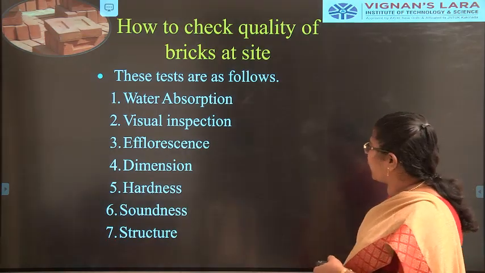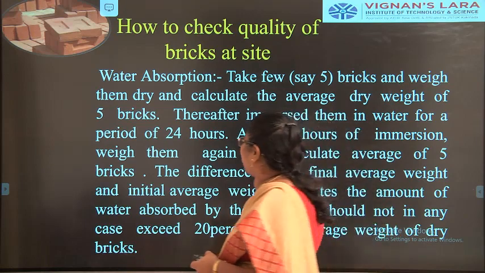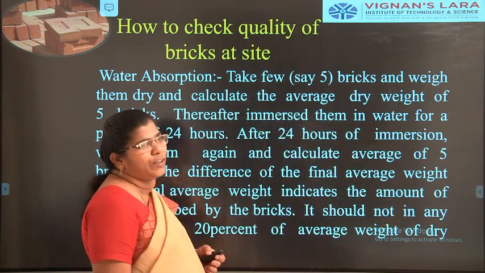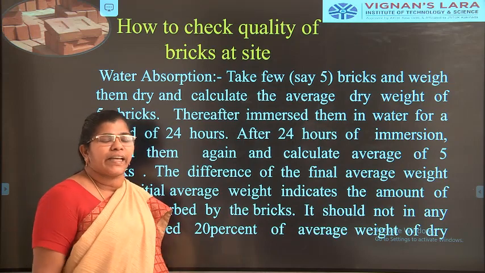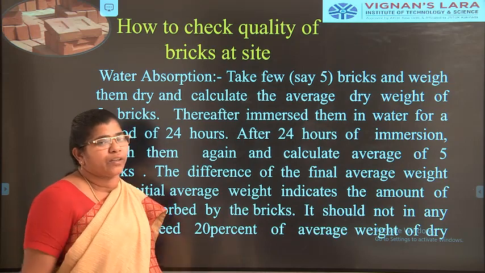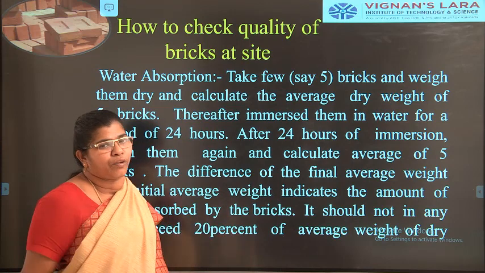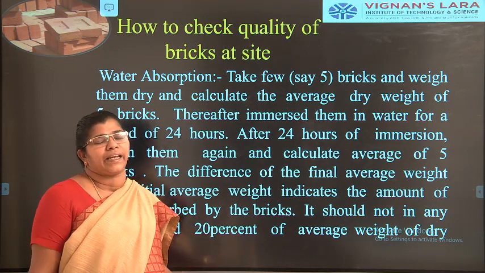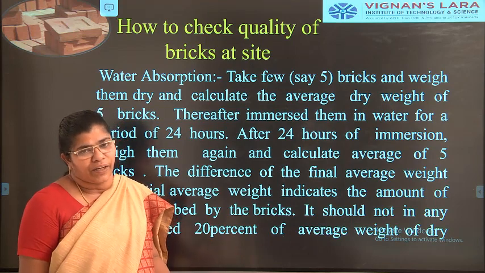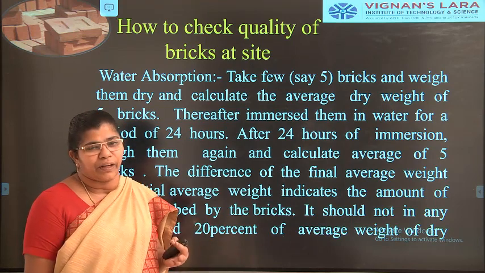The first one is the water absorption test. We will take 5 bricks and take the initial weight. Next we immerse these bricks in water for 24 hours. After that we take them out, surface dry them and take the final wet weight.